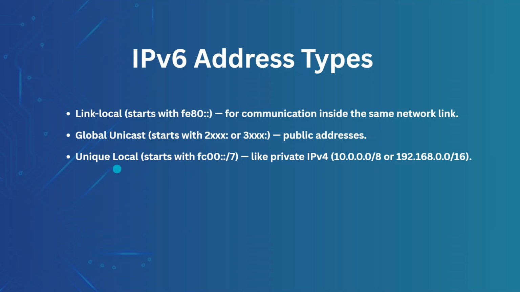And then we have this unique local one, which you could compare to IPv4 private IP ranges, but it works differently, because the whole point is we don't need to have a private and a public subnet.